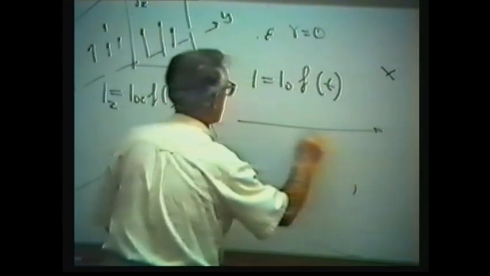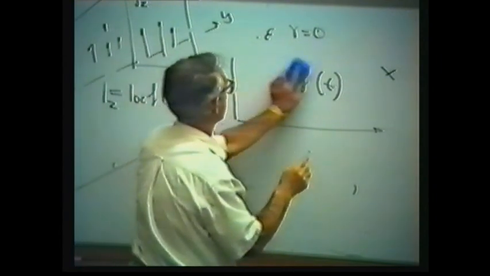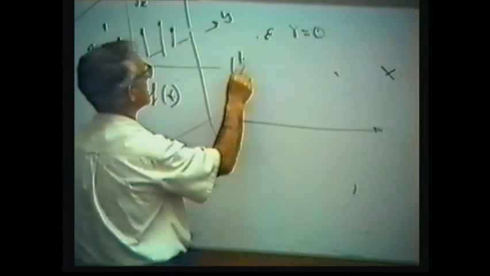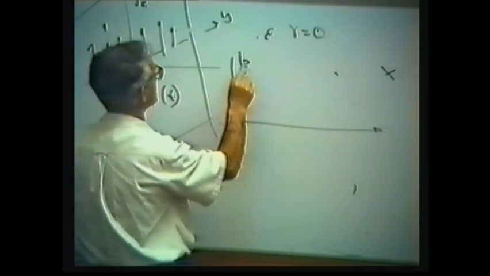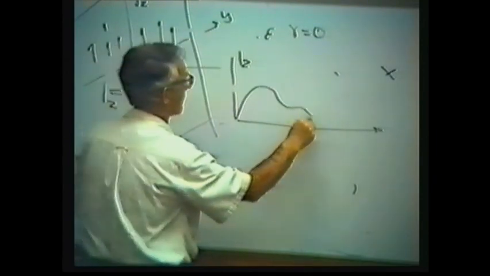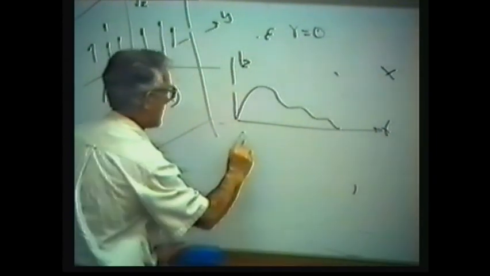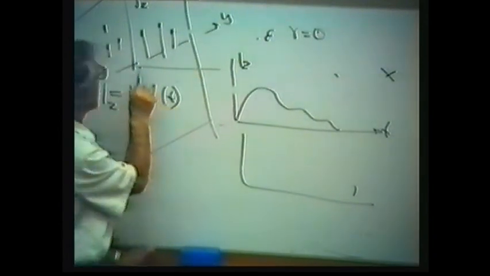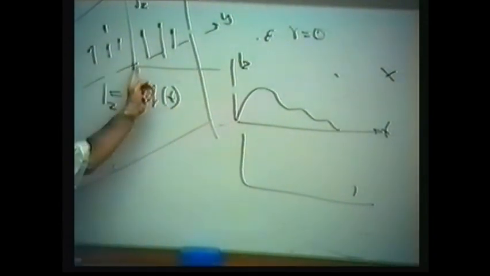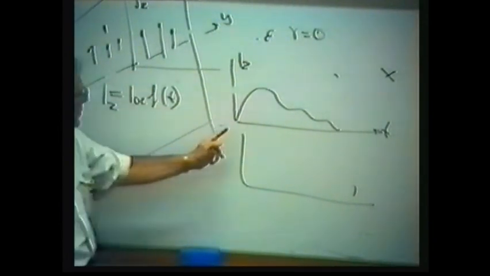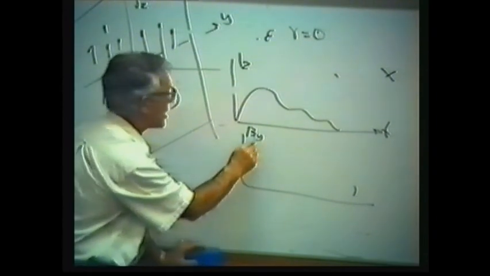So let me show you again. That's the current, some function of t. Now my question, if you take a point very close to the plate, how will the magnetic field By change?